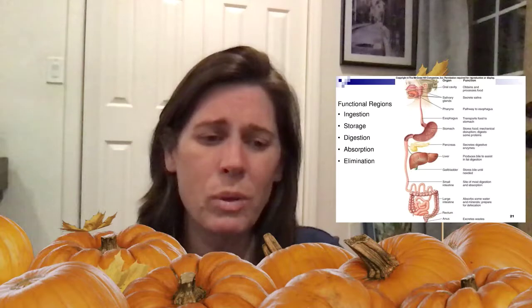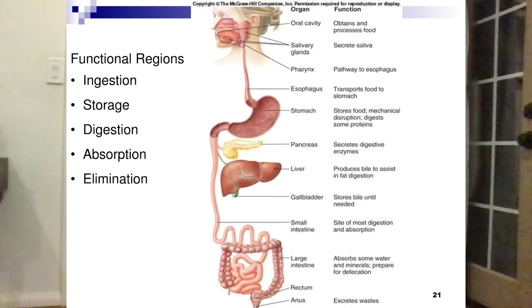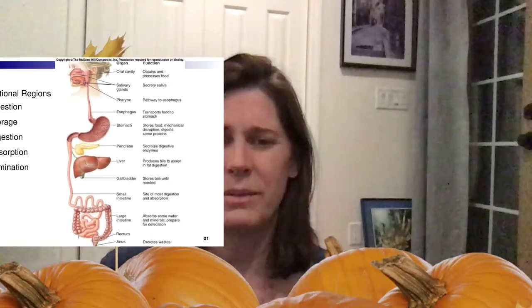So that's one of the advantages of having a GI tract like this, separating all the different compartments into different environments, and we can manipulate that environment so it functions optimally for those enzymes found in that area.